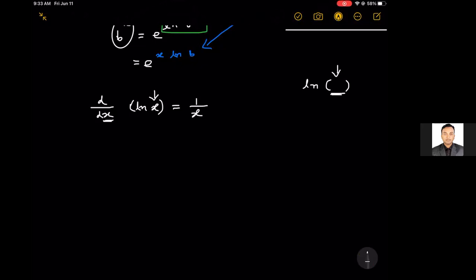The logarithmic functions are actually defined this way. Okay, you can't have any negative values for the logarithmic function, not even 0. So it's actually for x greater than 0.